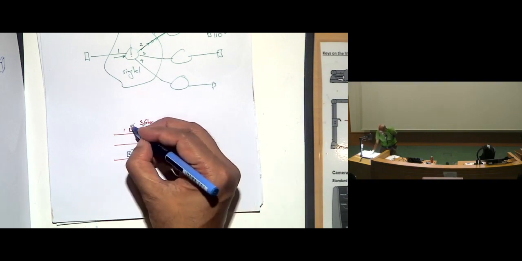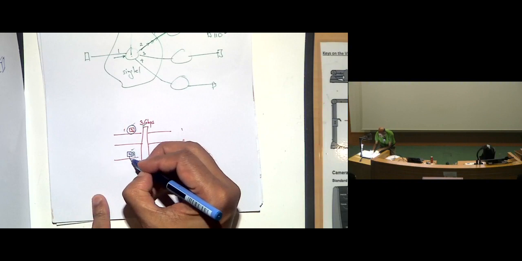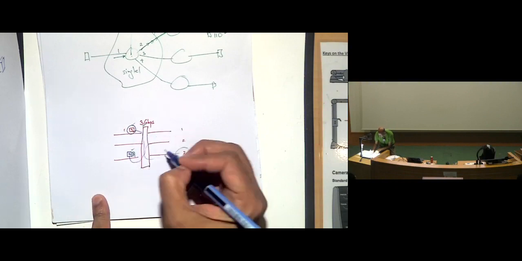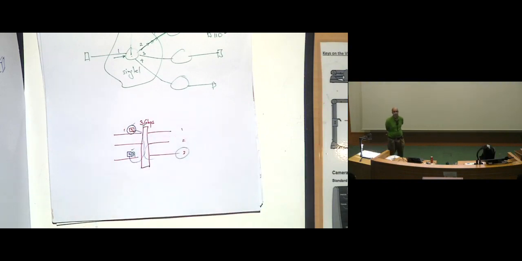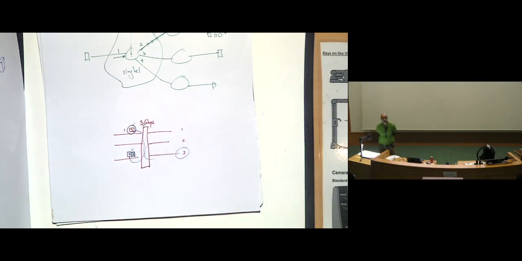And let's say the switch picks this one. If this wasn't there, 2 could have gone here, 3 could have gone here. But just because the packet in front doesn't want to move or cannot move, this packet that wants to go to 2 is blocked. That can also lead to queuing.